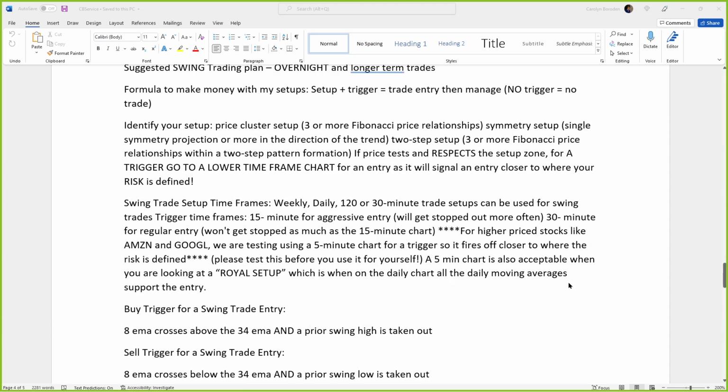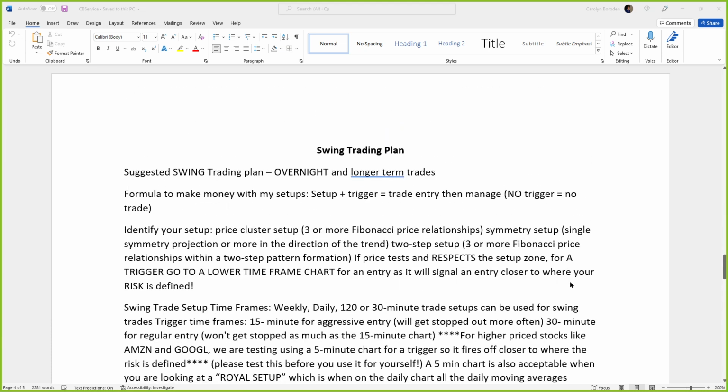Now the best way to work with this, as long as you have the option to day trade, is to sneak into a trade using the day trade trigger, and then just don't keep it overnight unless it also triggers for a swing trade, because you're going to get triggered on the shorter term triggers a lot closer to where the definition of risk is.